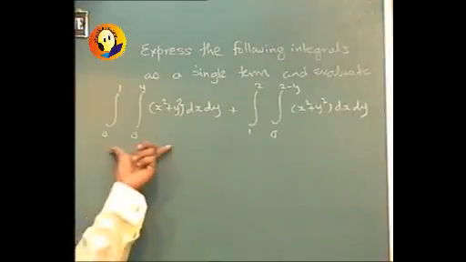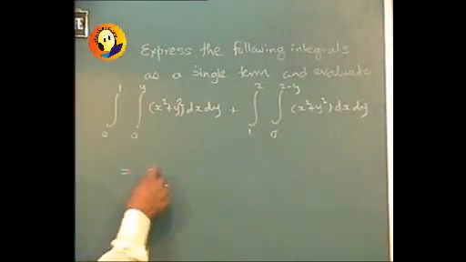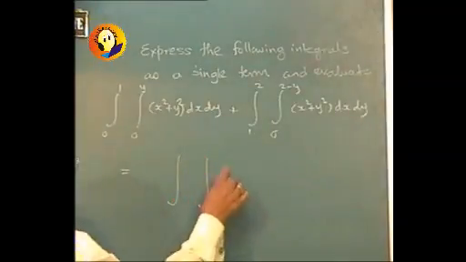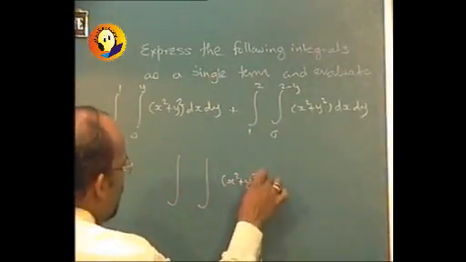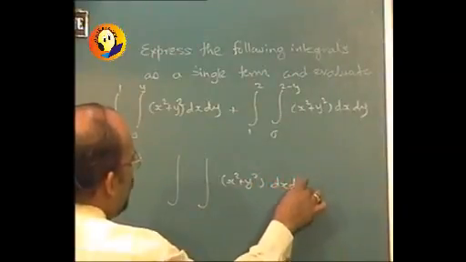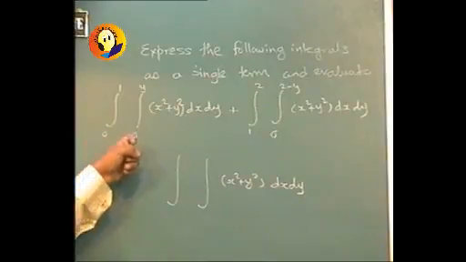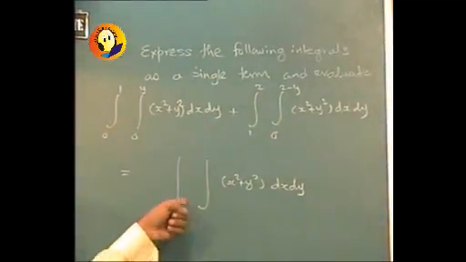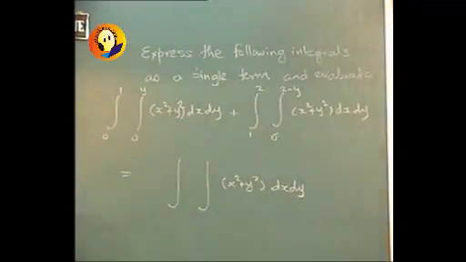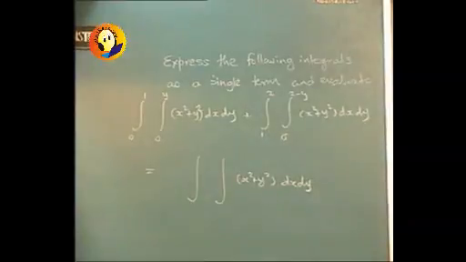That means these two integrals which have a common function should be simply expressed as the double integral of x square plus y square dx dy, and then evaluated. But you can see that the limits are not the same, so you cannot directly write it. So in other words, we are required to go for finding the areas and probably change the order of integration.